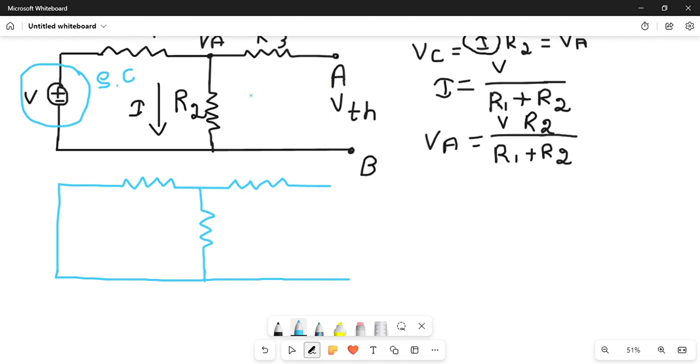So this is R1, and here is R3. So this is the diagram after you make your voltage source a short circuit. So here it is RTH.